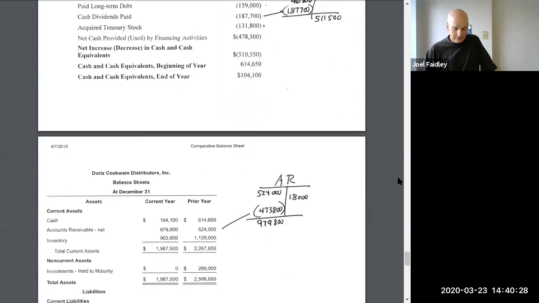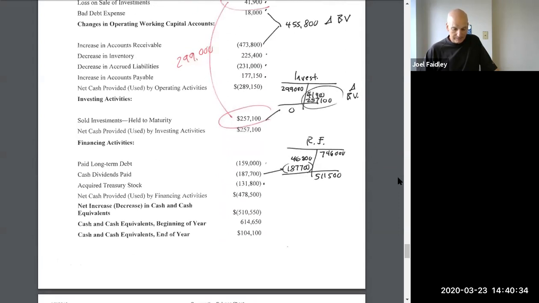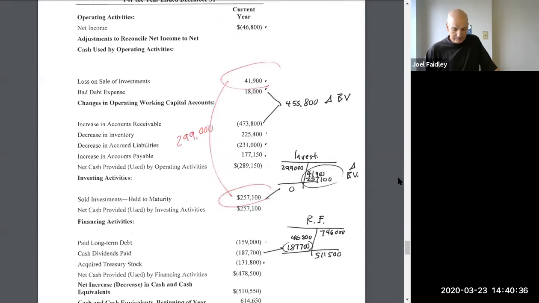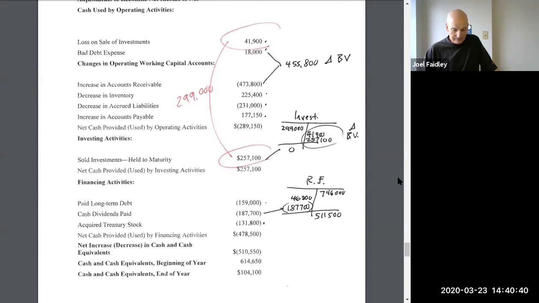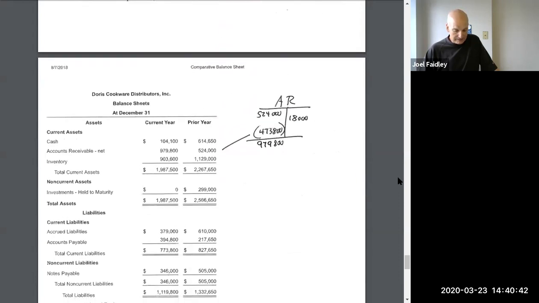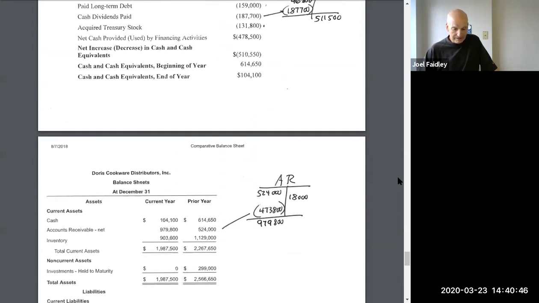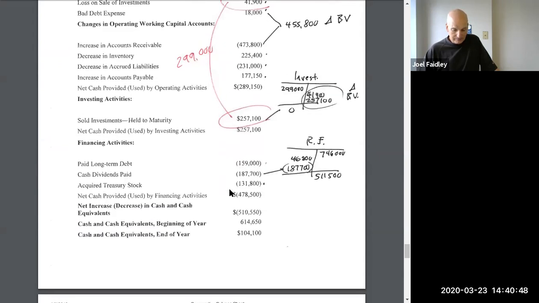Right there, 524 to 979.8. There's my 18. So that must be 473.8 to make this thing balance. There's my investment. My investment went from $299 to 0. But we had a loss, didn't we? $299, there's my loss, $41.9.